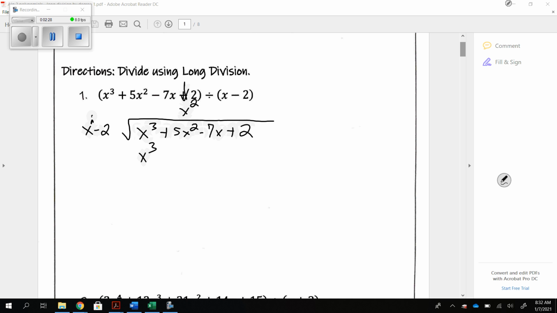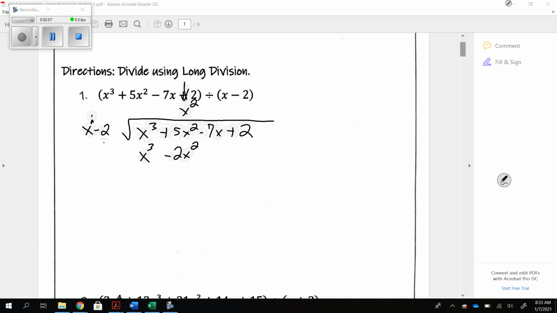So we see that x squared times x will be x cubed. So we bring that down here, just like in long division. That's why we did that yesterday. Then we multiply the x squared by this negative 2 to get our next number that we're going to put under this 5x squared. So x squared times negative 2 is negative 2x squared.